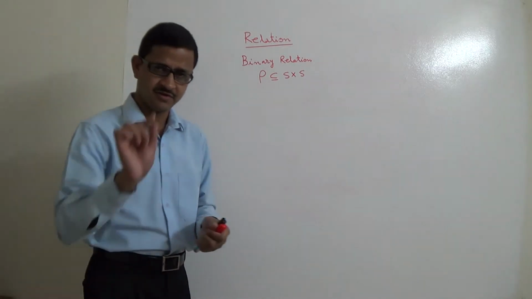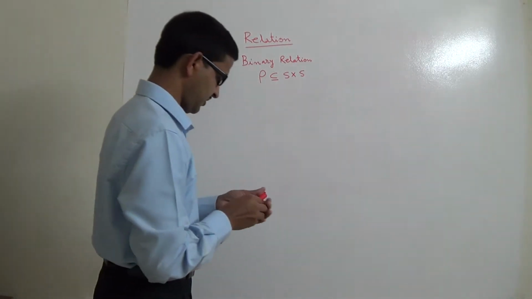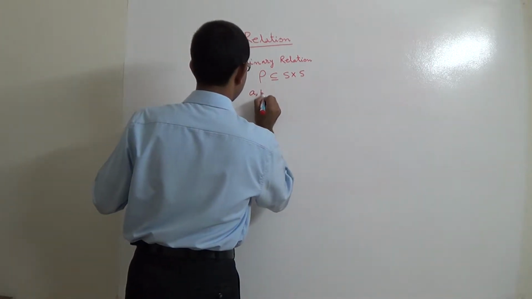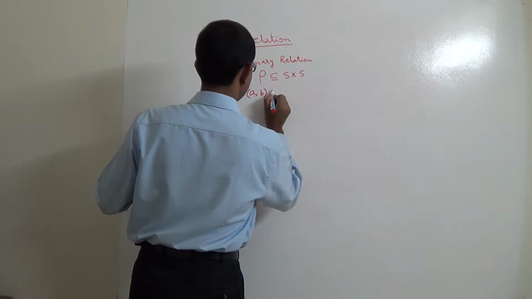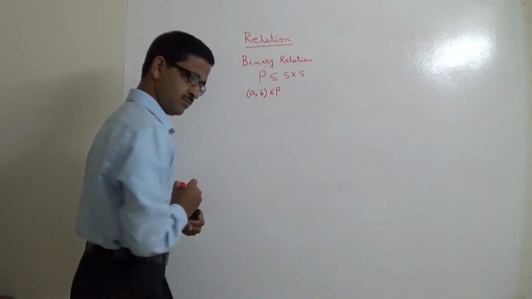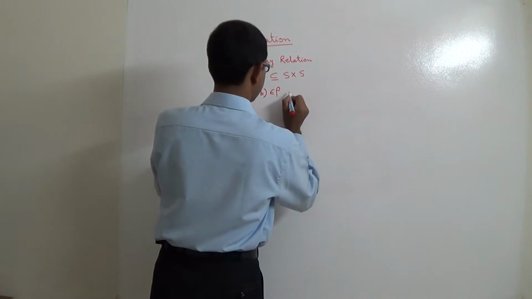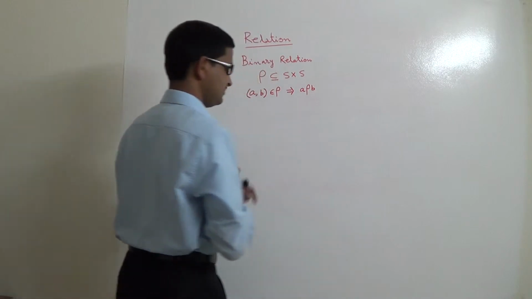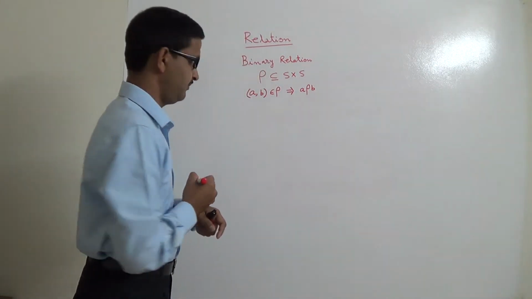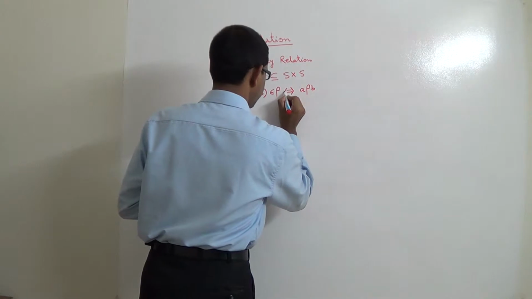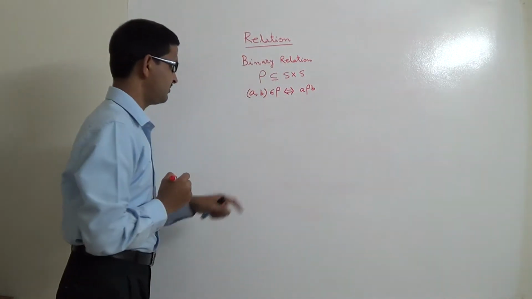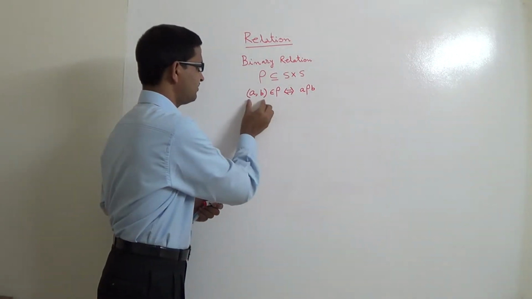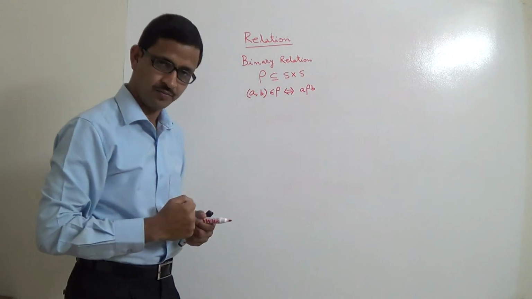Before discussing this, I would like to tell you one more thing. Suppose (A, B) belongs to rho, then we can say that implies A rho B. So this is the way to express it: if the ordered pair (A, B) belongs to rho, then A rho B holds true.